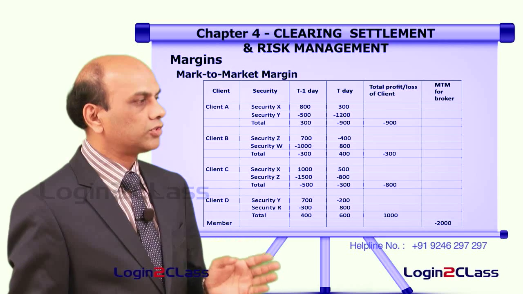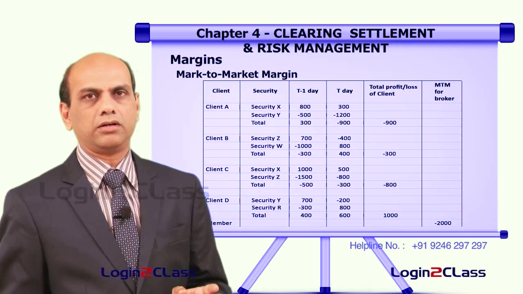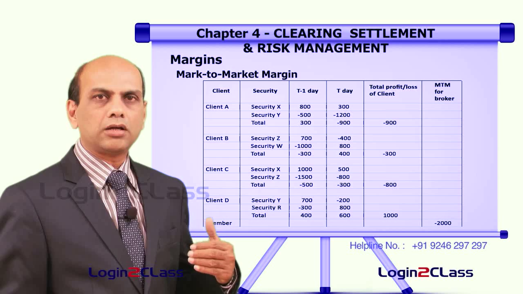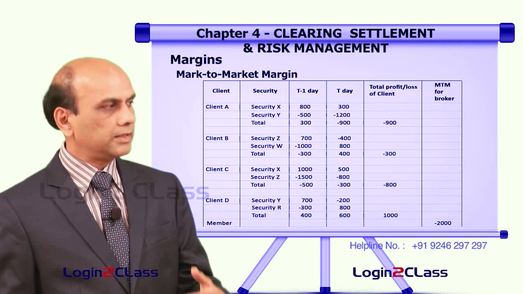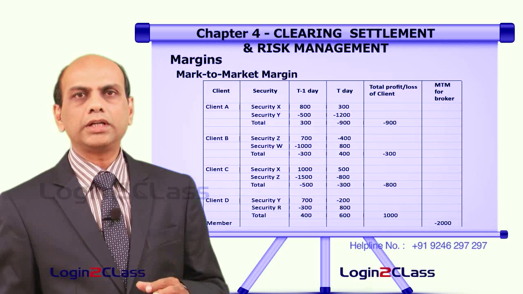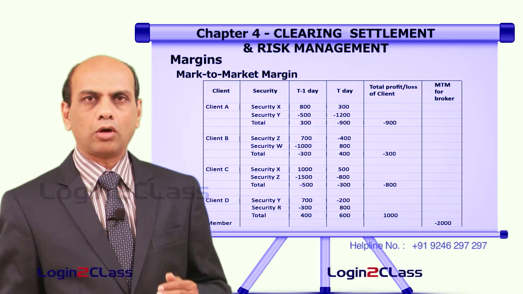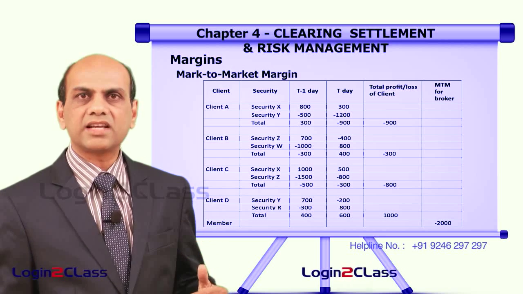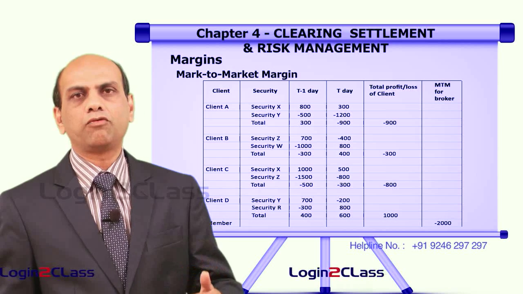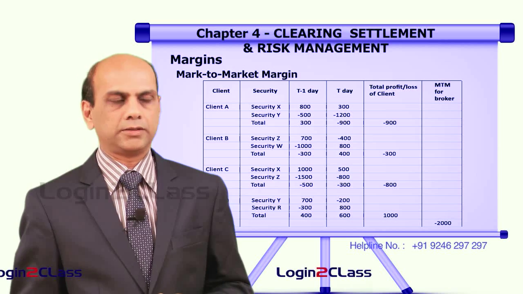So the net profit still remains 600. So totally he is in a profit of 400 for T minus 1 day and 600 for T day. Totally he is in a profit of 1000 rupees for the 2 days transactions, or the transaction which he has made and carried forward for the next 2 days.